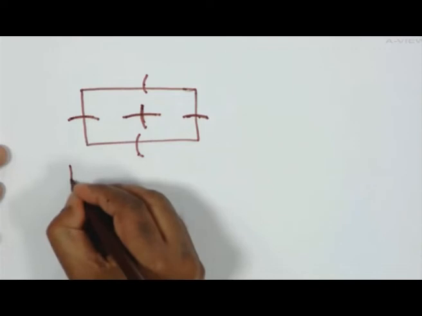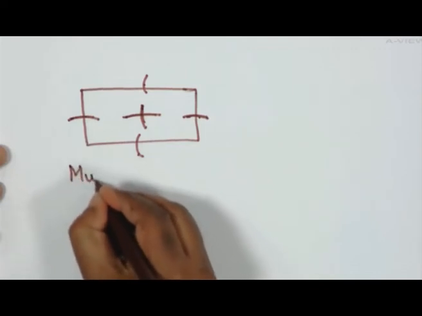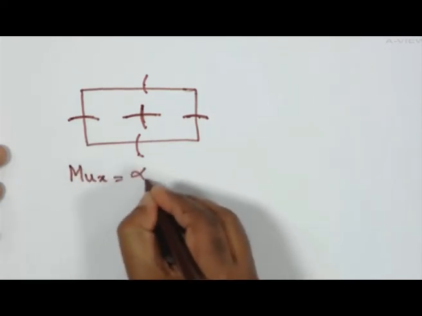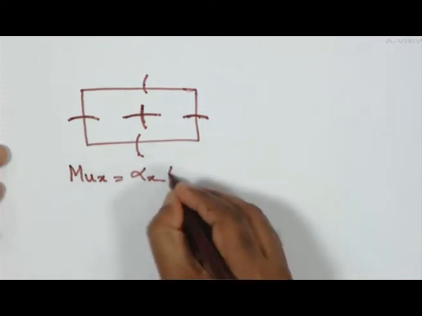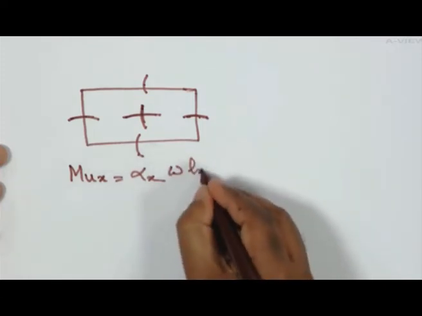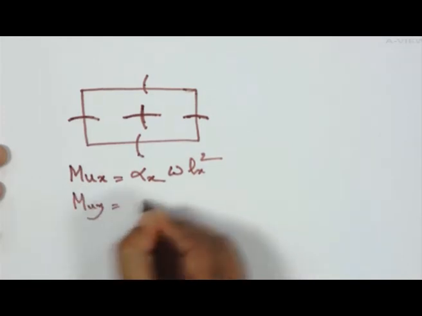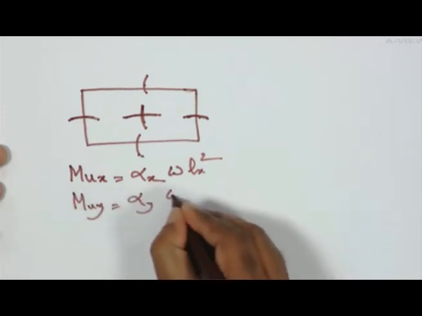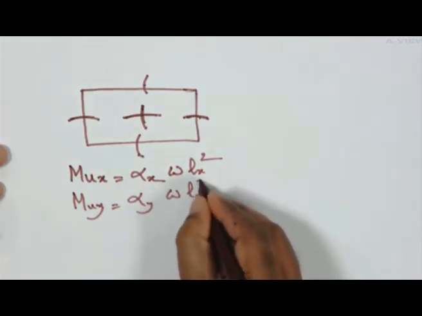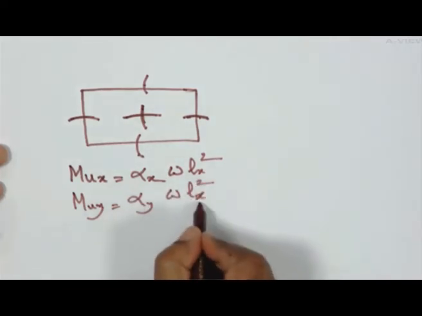We consider mu x equals alpha x w L square x, and mu y equals alpha y w again L square x. Please note, w L square x for both cases is not w L square y.